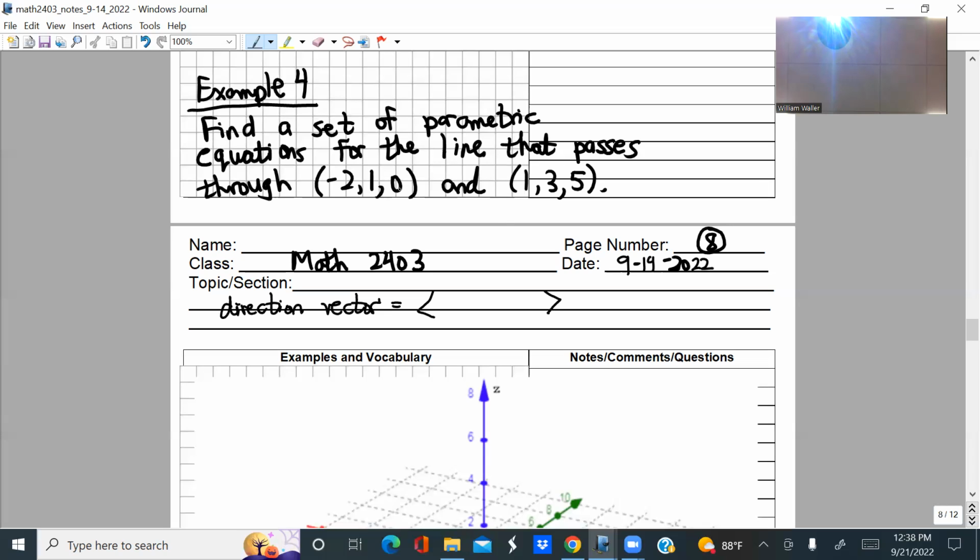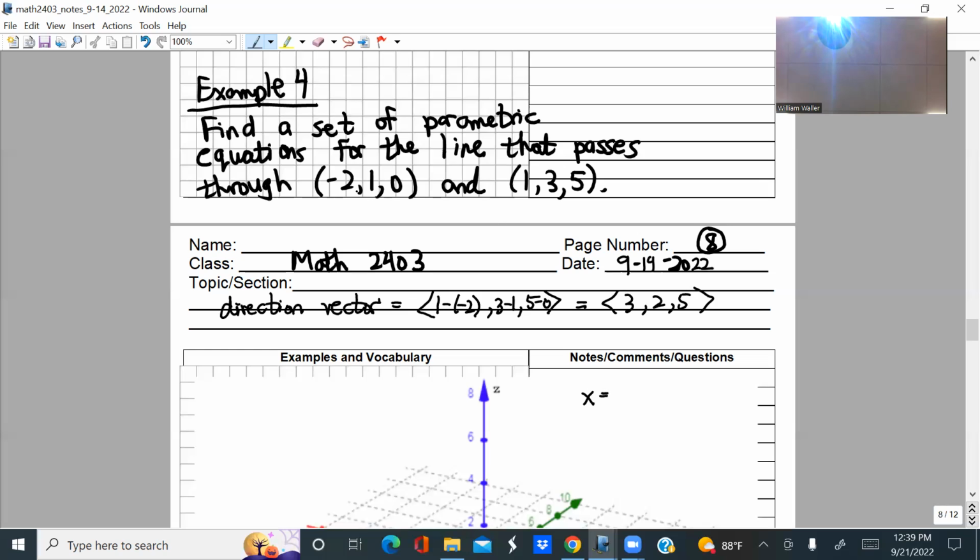So what's the direction vector here? Well, just take the difference in the coordinates, right? 1 minus minus 2, and then what? 3 minus 1, and then what? 5 minus 0. So we get 3, 2, 5 for the direction. And then the parametric equations would be what?